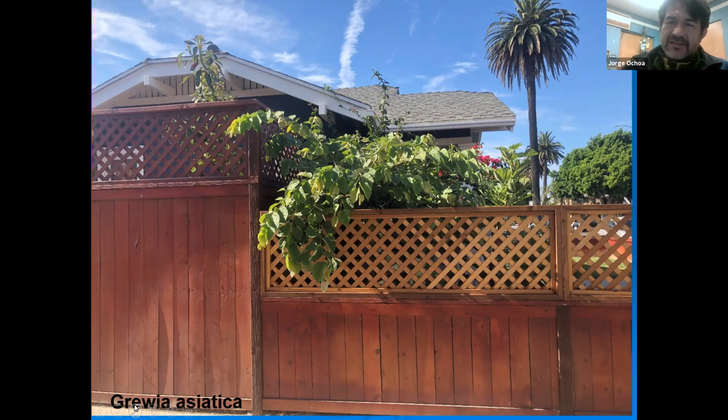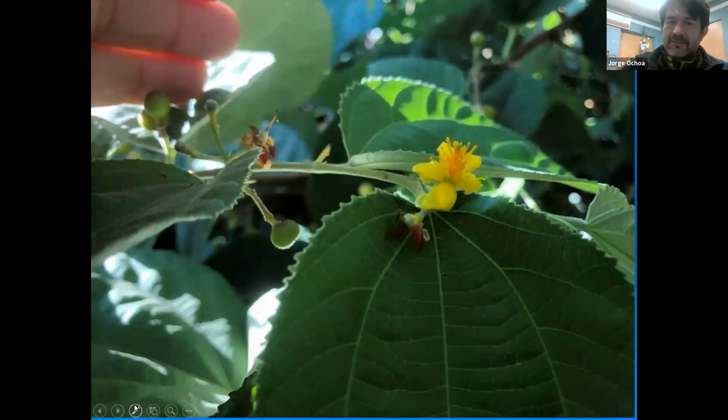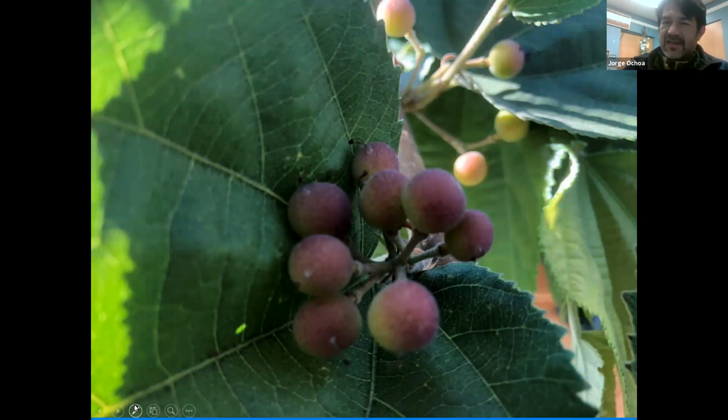It is native to Southeast Asia, and because Long Beach has one of the largest populations of Cambodian Khmer, it's now being grown as a fruit tree because it will give a fruit that is going to be edible. The flowers are going to be yellow, and there's a kind of soft fleshy fruit that is eaten in Southeast Asia, and now it's also eaten by the Cambodian community out here in Long Beach.